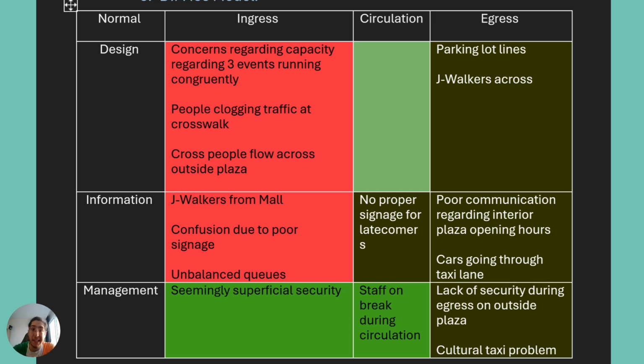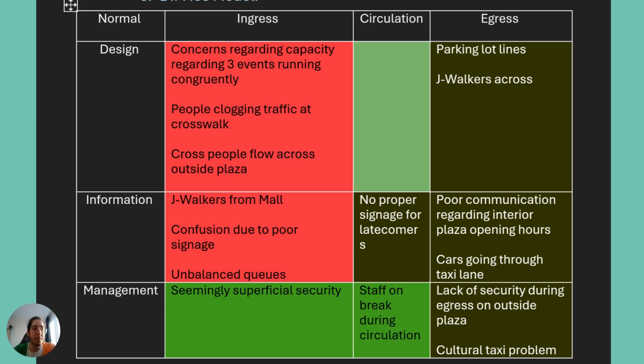For contrast, look at egress management. Coming back to the past ones, those were all design flaws because they were all about how a place was designed, not about information and not about management either. But now look at management egress: lack of security during egress on the outside plaza, and a cultural taxi problem. These are basically staff issues.